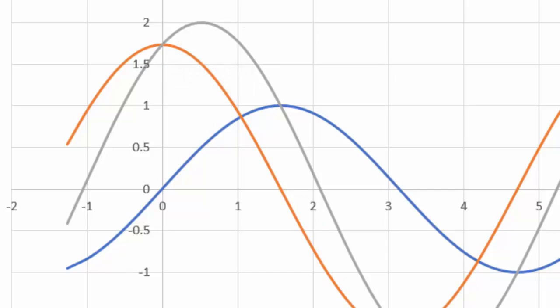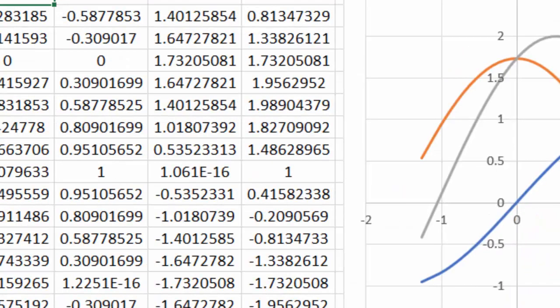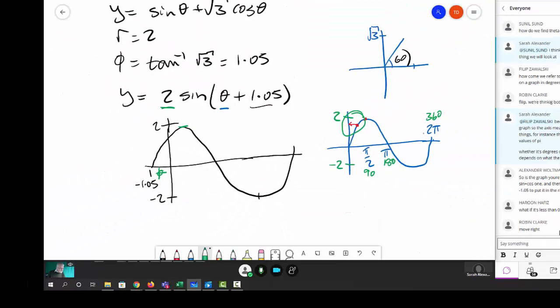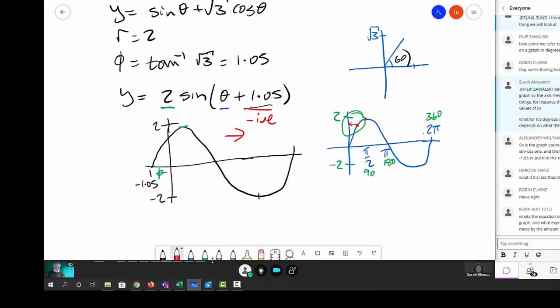All right. So let's minimize that. What happens if it's less than 0? Yeah, good question, Haran. What happens if this is negative? So let me change my color. If this is negative, then the curve moves to the right. So what you would get is a sine wave doing something like that, and then it would come through the axis like that.